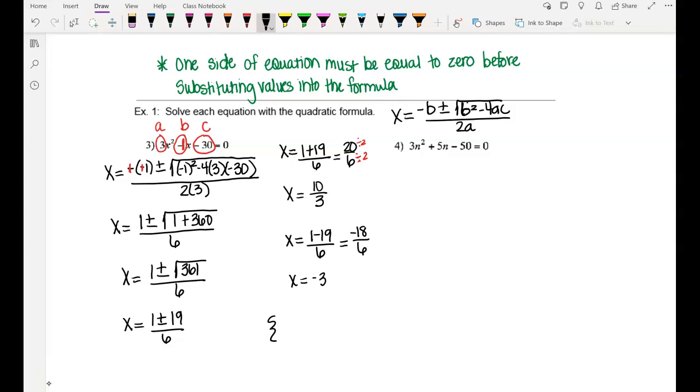So my solution set is 10 thirds and negative 3. Those are the 2 points where that function is going to cross the x-axis. And again, today all of the problems we're working with are rational, which means we won't have a square root left in the problem if we've done our math correctly.